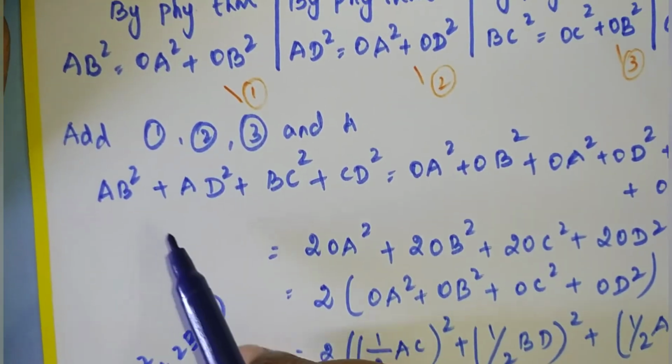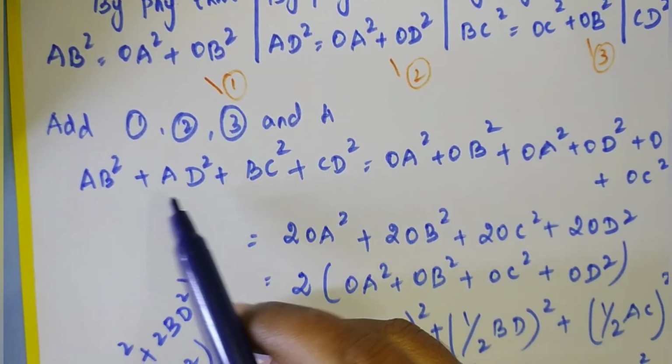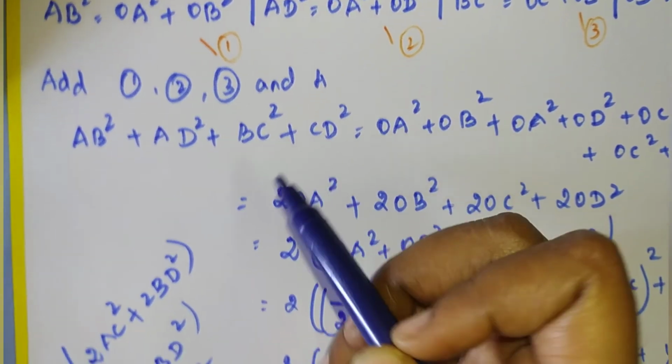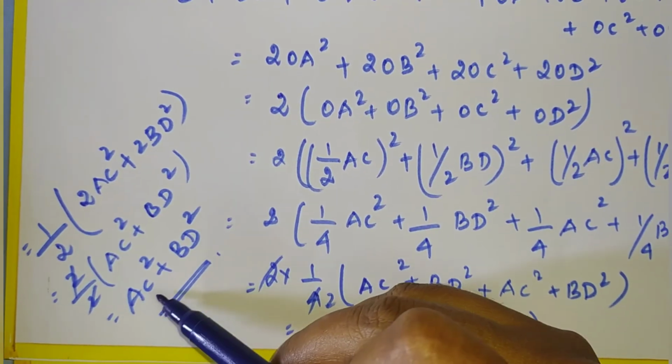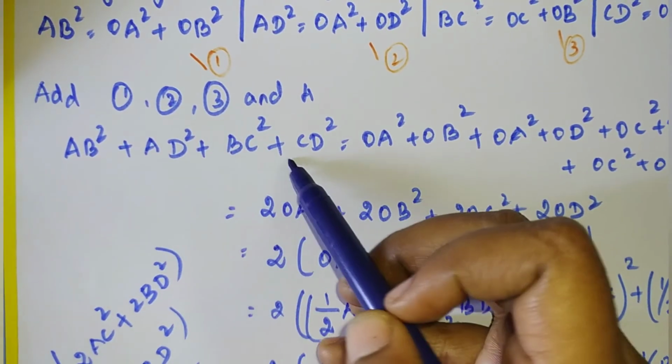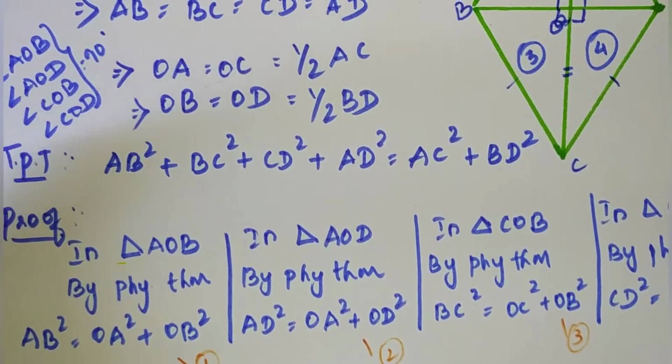Clear? So the left hand side is AB square plus AD square plus BC square plus CD square, and it is equal to AC square plus BD square. The diagonals are these, and these are the sides. Okay, this is very easy.